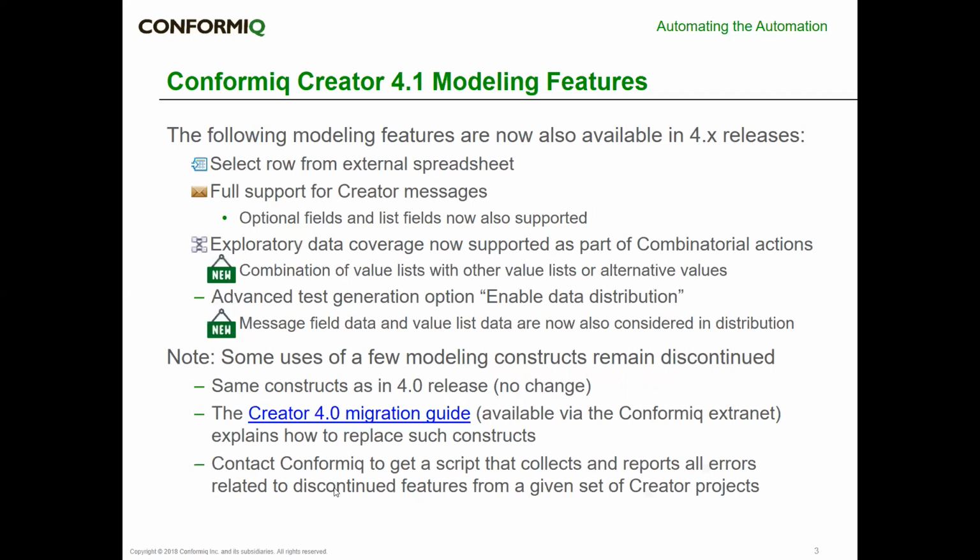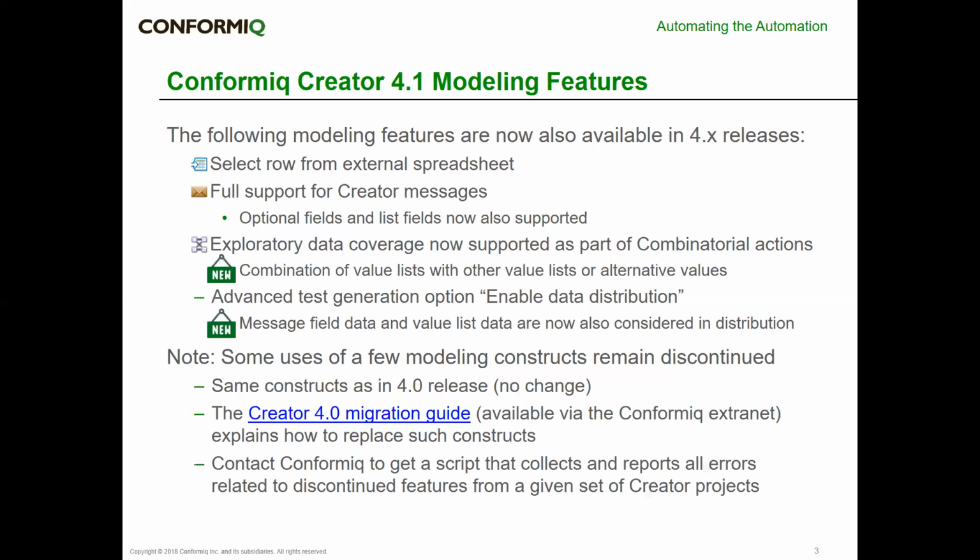Also, Conformiq will make available a script that allows you to assess a major set of Conformiq projects. So let's say you have 60 Conformiq projects and you want to migrate them all and understand how many updates you have to do. We will provide a script for that purpose that will allow you to automatically estimate the effort required to migrate your projects.